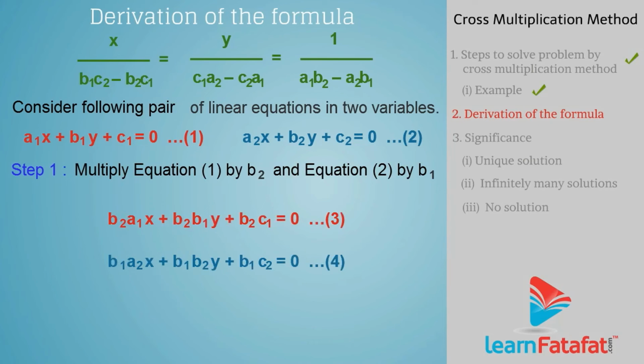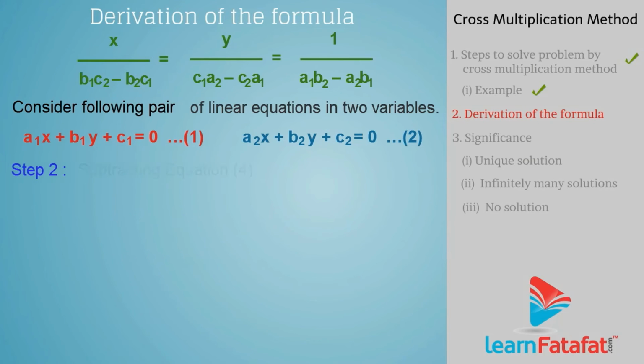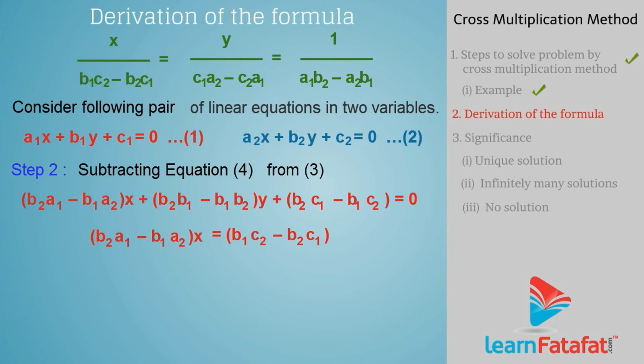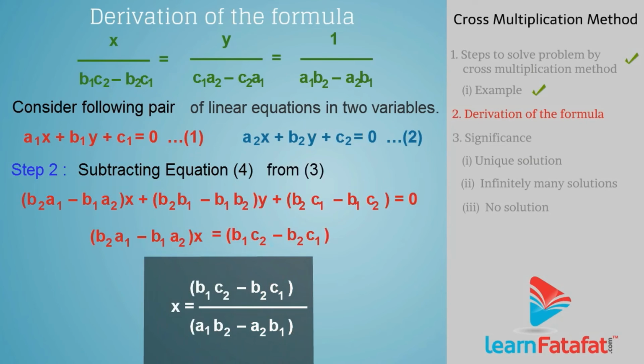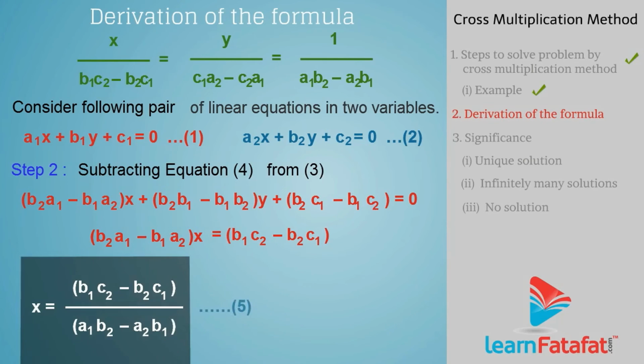Step 2. Subtracting equation 4 from 3, we get x is equal to b1c2 minus b2c1 divided by a1b2 minus a2b1, which is equation 5, where a1b2 minus a2b1 is not equal to 0.